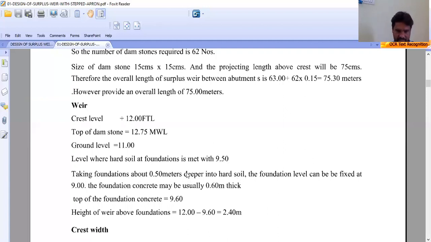Because of the factor of safety. The foundation level can be fixed at 9 meter now. At 9.5 you can find somewhat hard soil, but again we are taking a deeper level, so it is now at 9 meters.